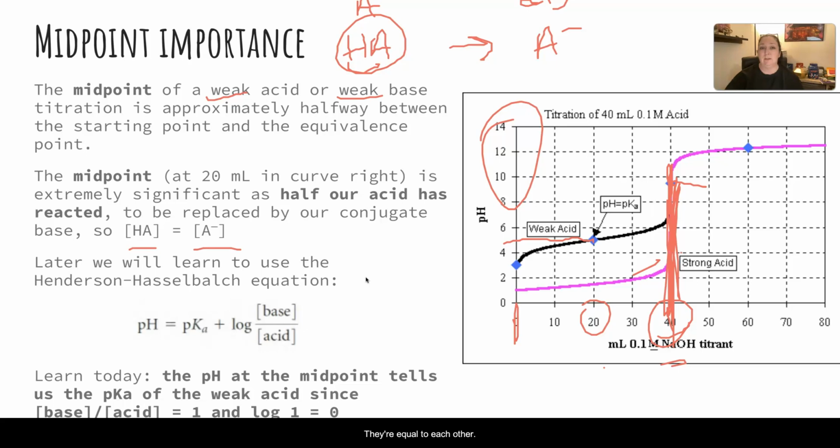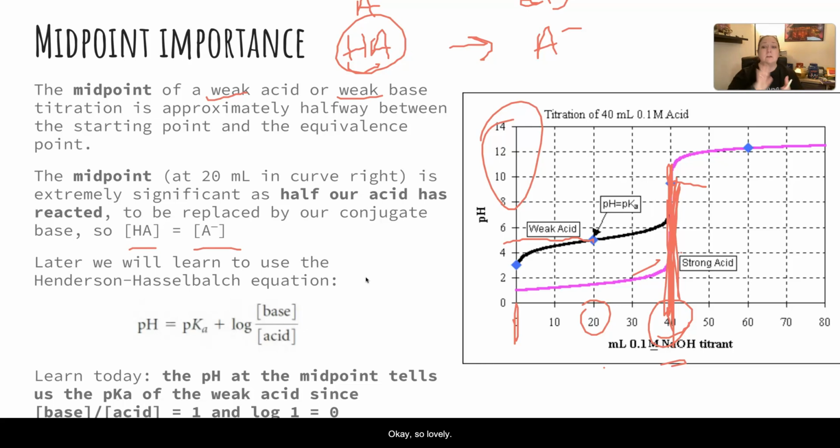They're equal to each other. Because if I had 100 molecules of acid and half of them had reacted, then I have 50 acids left and 50 conjugate bases now.